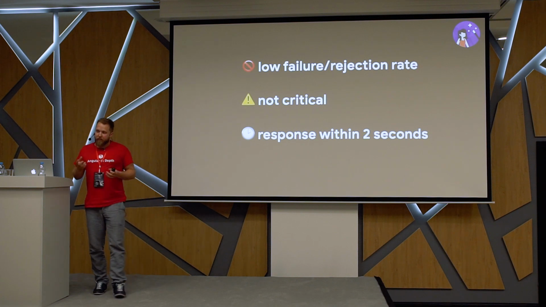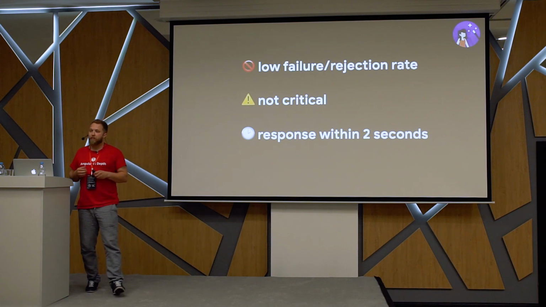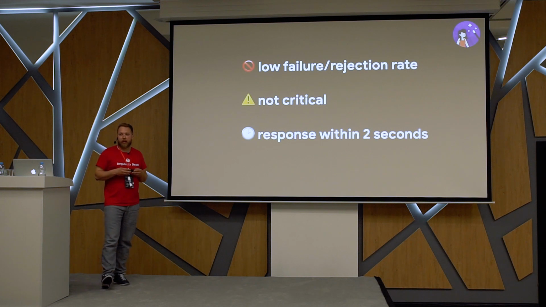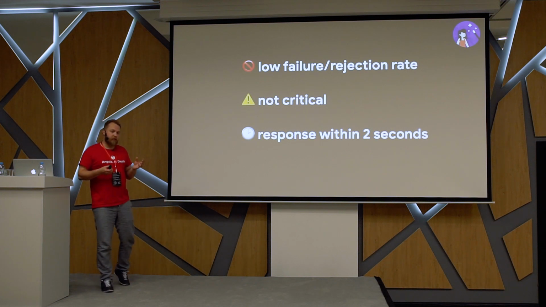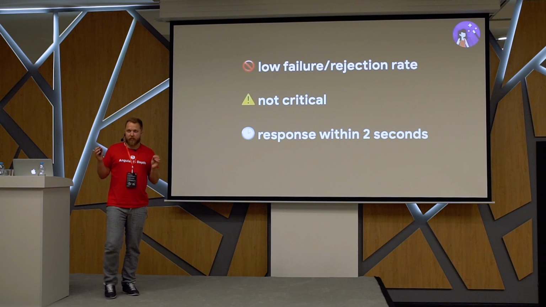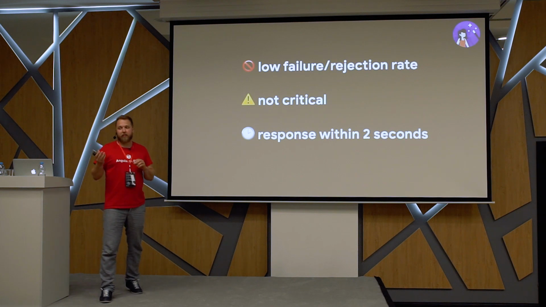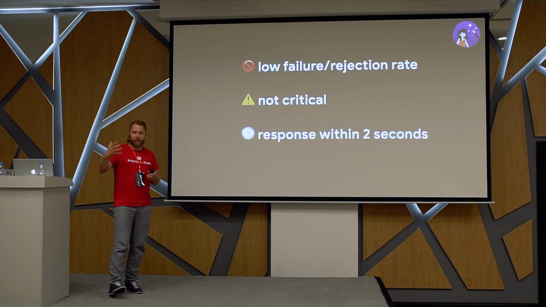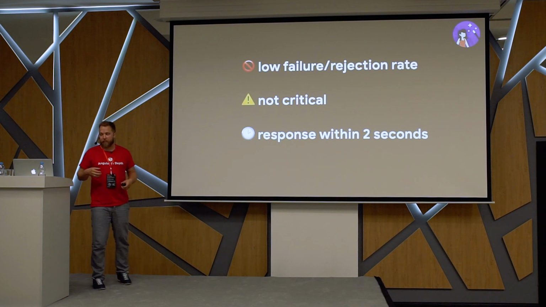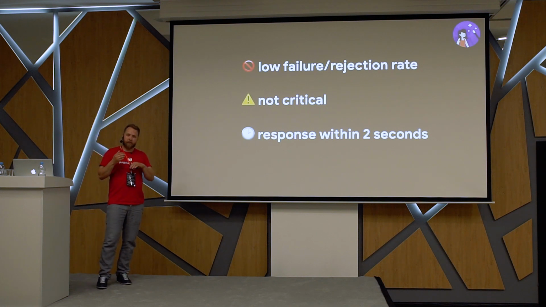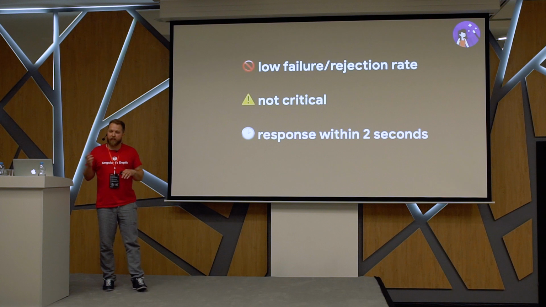And the other requirement is that the response should be within 2 seconds. And 2 seconds is important here because 2 seconds is exactly the maximum amount of user attention span for that particular item. So if you revert back to the previous state after 5 seconds, it'll be very confusing for the user.